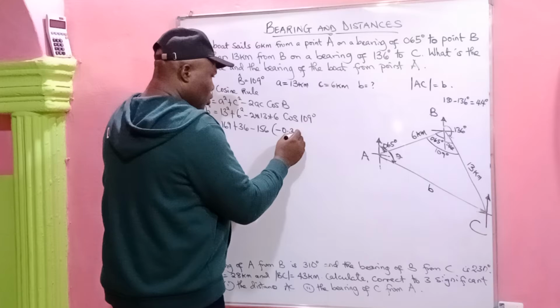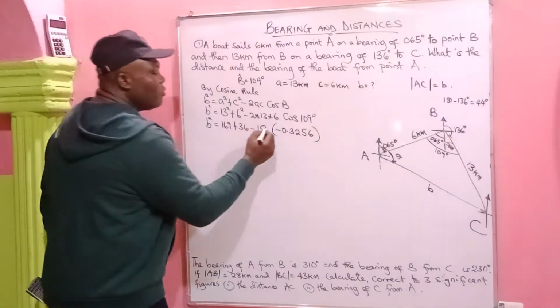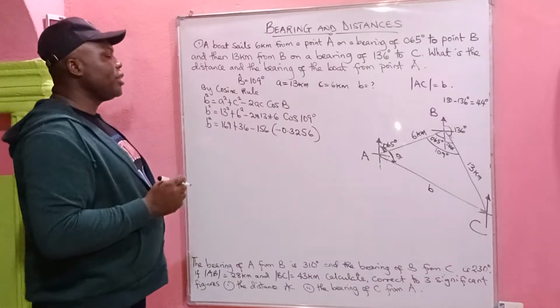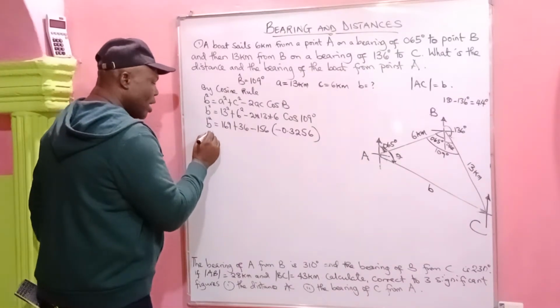So this is what we are going to have. So the cos of 109 degrees will give us a negative 0.3256.